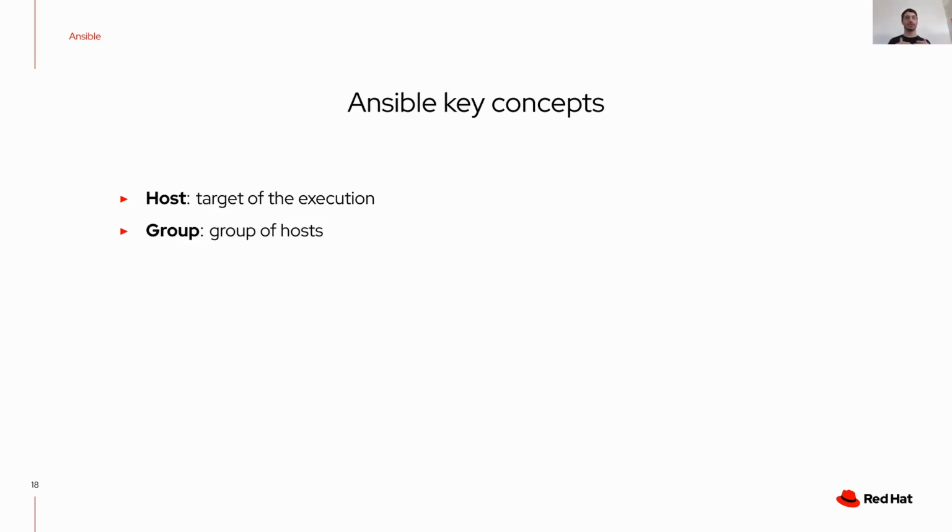The reason for this grouping is that it makes sense to manage multiple similar hosts in a similar fashion. But also, Ansible always focuses on groups, not hosts, in the sense that when you write the automation itself, you write it to automate a group of hosts. Maybe in that group you only have one host, so effectively you are automating that host.